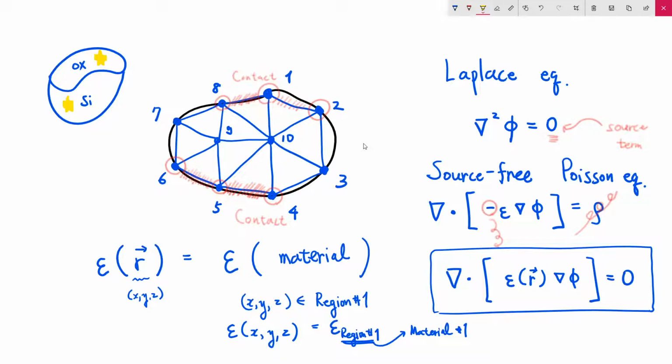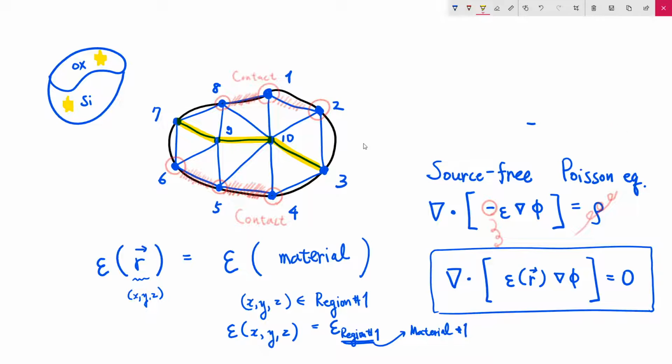So what I wanted you to do is just to consider a certain configuration. I mean that this is 7, 9, 10, and 3 is the boundary for our contact, so boundary for our two different regions.